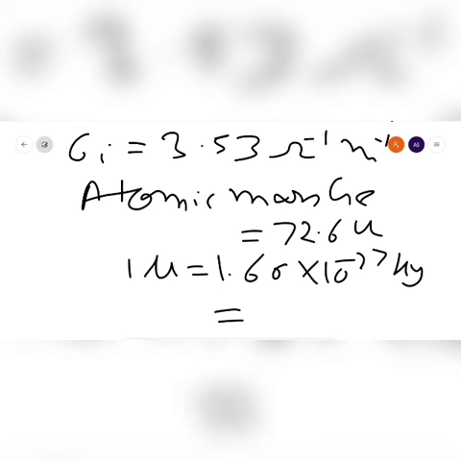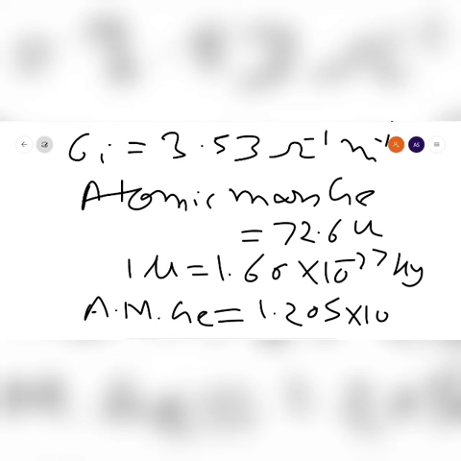It means that the atomic mass of germanium is 1.205 × 10^-25 kg. Also you know the density of germanium is 5.33 × 10^3 kg per meter cube.